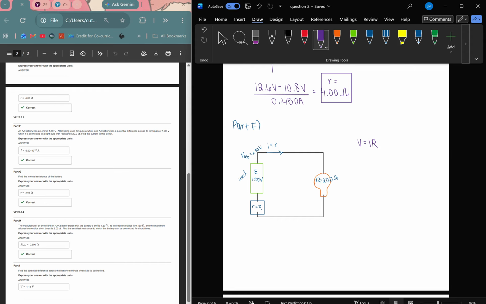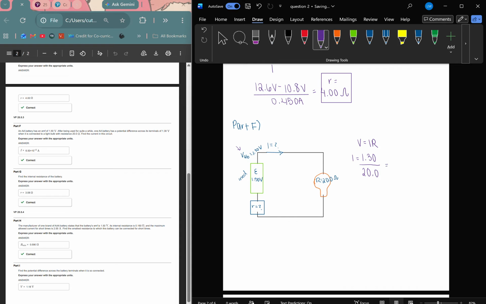To do that, we're going to have to divide. So the current is equal to V, which is up here, 1.30, and we're just going to divide that by 20.0, the resistor ohms.